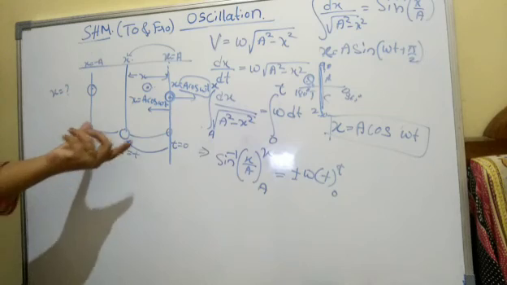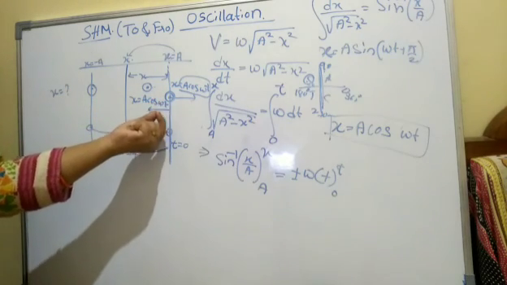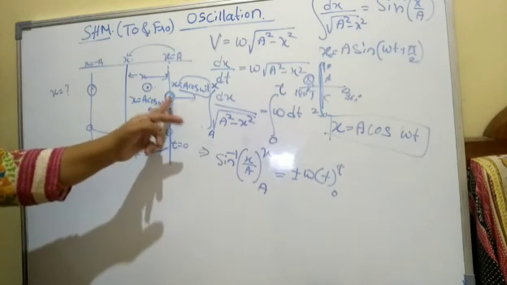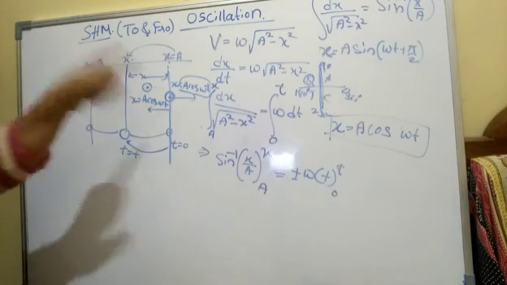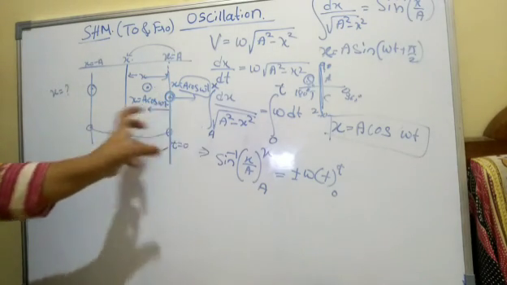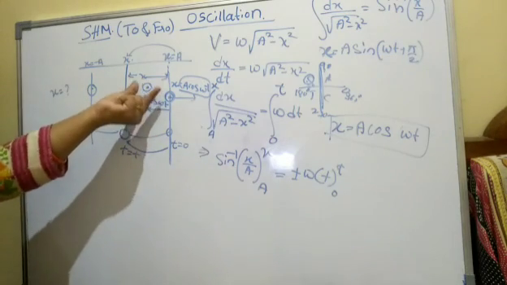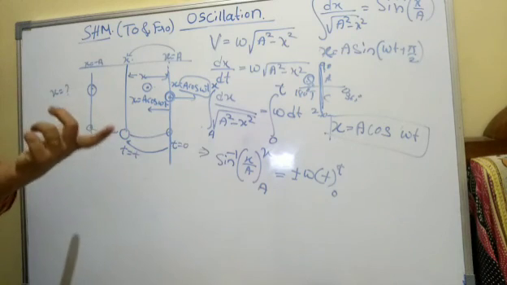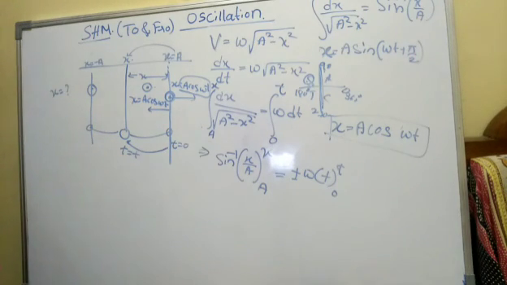They may ask the question: what is the equation of a simple harmonic motion of a particle when it is at the extreme position, or a certain time period or certain amplitude may be given, a is equal to 2 centimeter or 4 centimeter. That we are going to discuss in the upcoming classes.